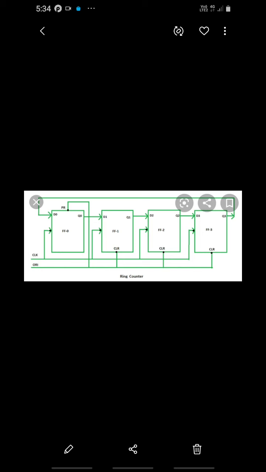So the initial state is 1 0 0 0. That is Q0 is equal to 1, Q1 is equal to 0, Q2 is equal to 0, and Q3 is equal to 0. And after each clock pulse, the contents of the register are shifted to the right by 1 bit and Q3 is shifted to Q0. The sequence repeats after 4 clock pulses.